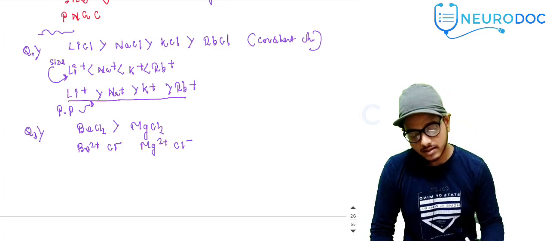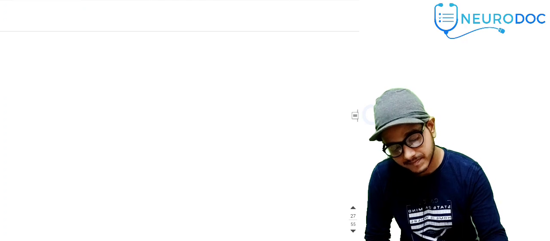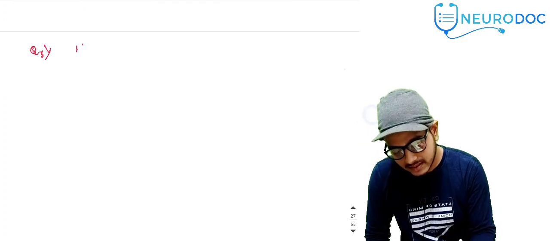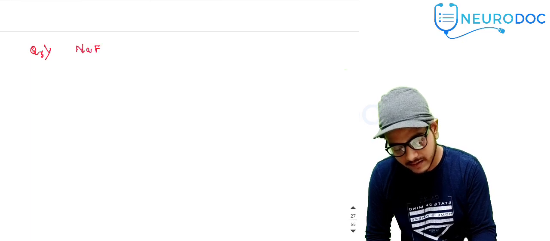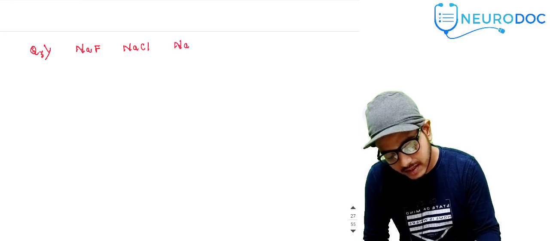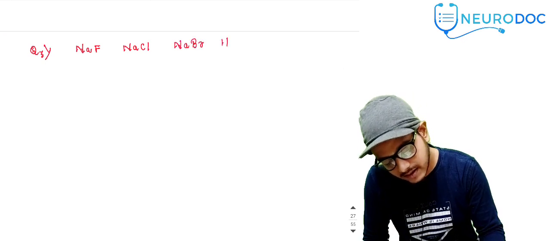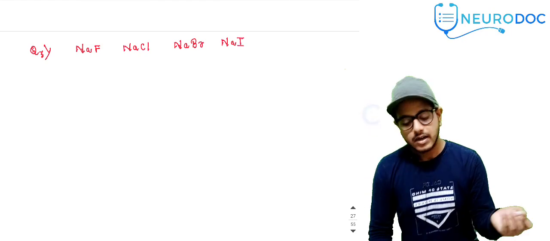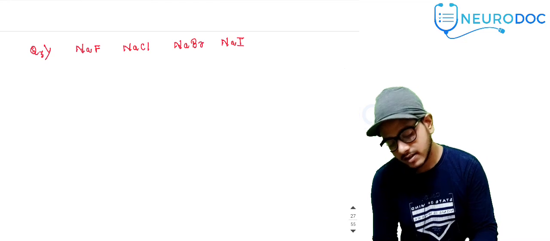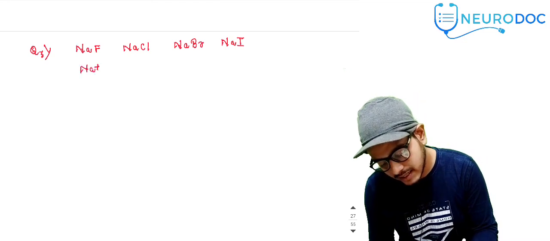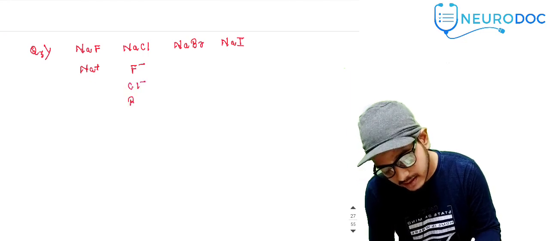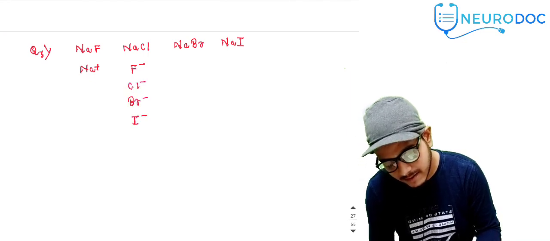Now let me take another question. If I write NaF, NaCl, NaBr, NaI. Now you tell, here the cations are same. Everywhere the cation is Na+. But the anions are F-, Cl-, Br-, I-.